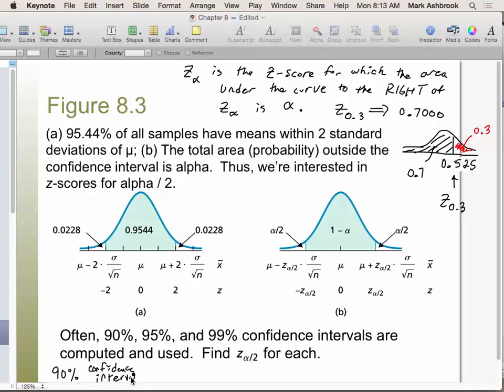So if it's a 90% confidence interval, that means all this shaded region here is 90%. So what percent do we have outside of the interval, on the right side and the left side? Are they both 10% or is it 10% total? 10% total outside.